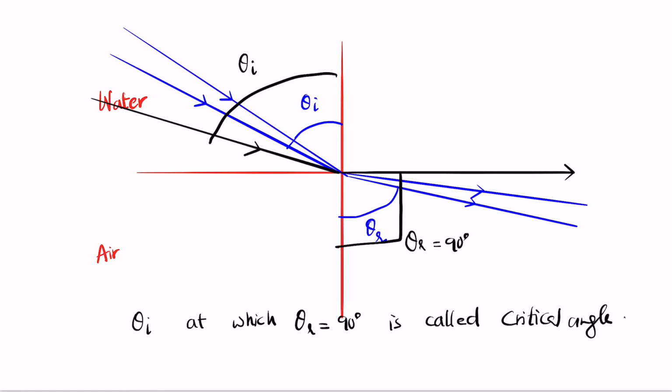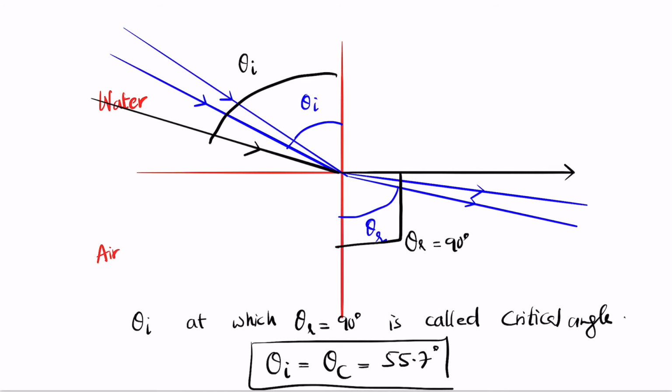So between water and air, this theta I value is called theta c, which is about 55.7 degrees. This is the general value that you need to hit from water into air. Remember, from a denser into a rarer medium. This phenomenon occurs only when you go from a denser to a rarer medium.